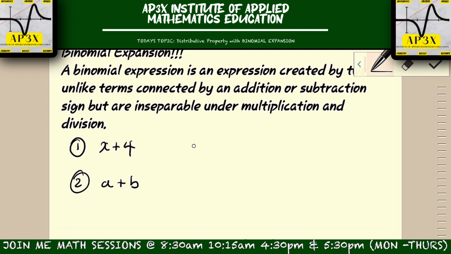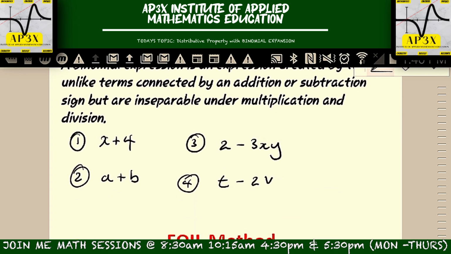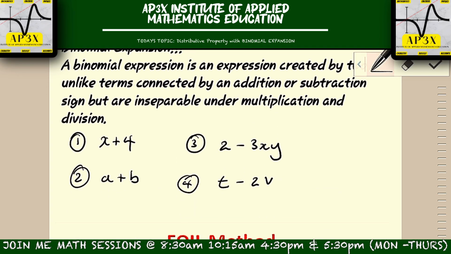Say 2 minus 3xy, something like that. What we have is a composite monomial expression tied with a numerical value. And say 4, it could be any letter really, could be t minus 2v, something like that. Two unlike variables tied together. We looked at a wide variety.